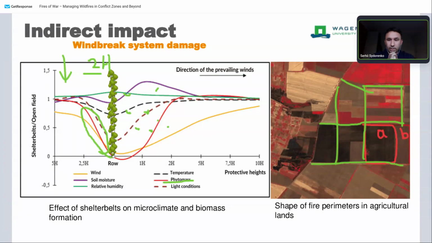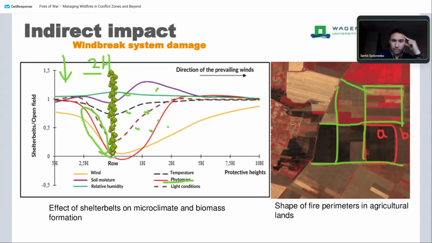And I put this slide also because in the eastern part of Ukraine and the south part of Ukraine, where most of the active combat takes place now, there are not a lot of forested areas. So very often the only shelter that the military have is actually the shelter belts or windbreaks.